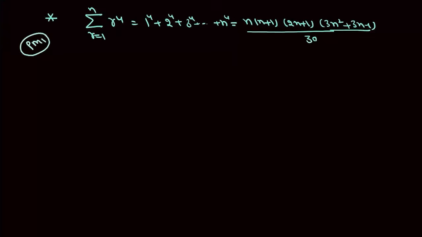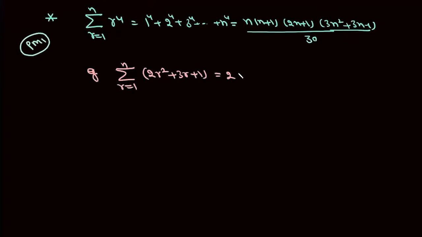So now we'll take some examples on how to use these formulas. Say, for example, you have to find this summation, r varies from 1 to n, of 2r square plus 3r plus 1. Now we can use properties of summation.